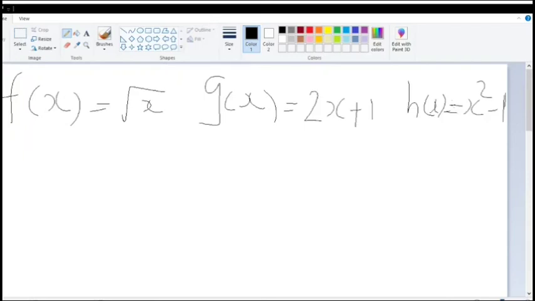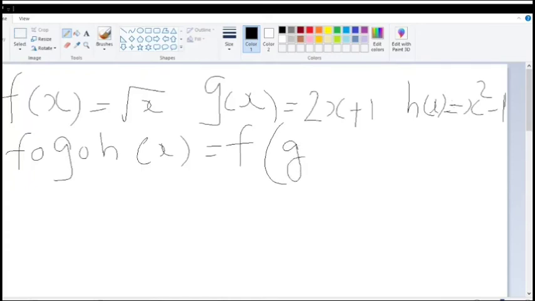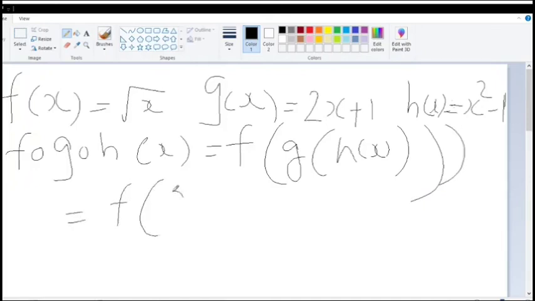F of x is root of x, g of x equal to 2x plus 1, h of x equal to x square minus 1. We have to find f composite g composite h of x, which is equal to f of g of h of x, which is equal to f of g of, we should substitute from the right side first. h of x is x square minus 1. Now the value of g of x is 2x plus 1.